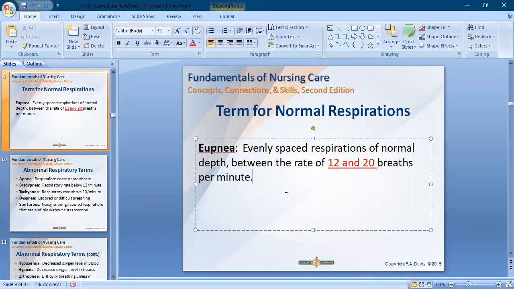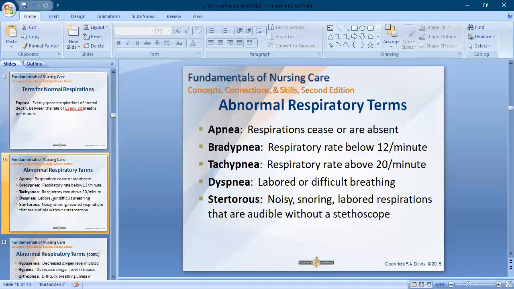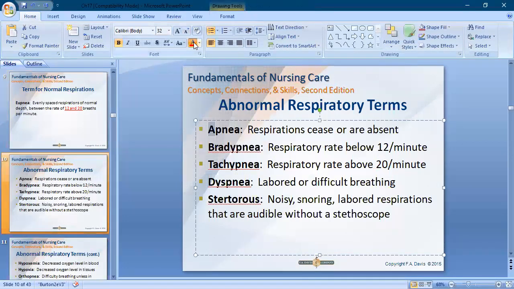So here it is called eupnea, normal respiratory rate. Then go for the next, abnormal respiratory rate, from here. One is called apnea. I said A stands for absence, right?